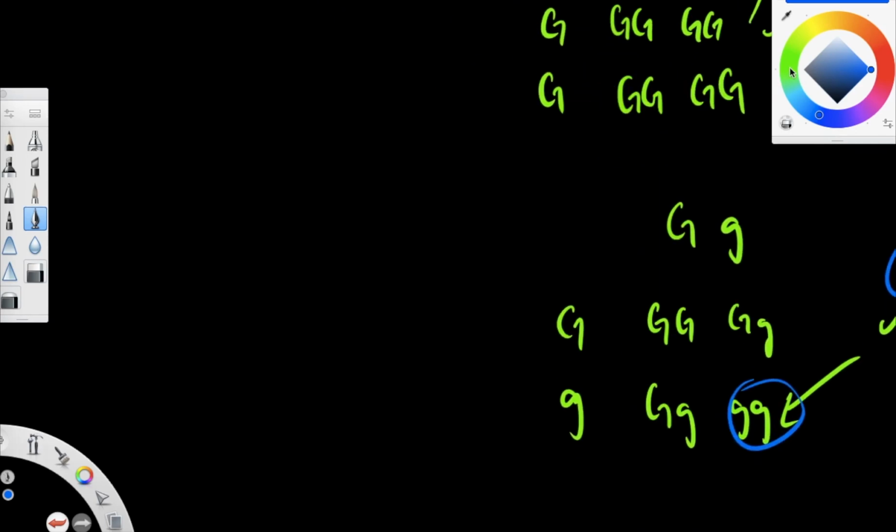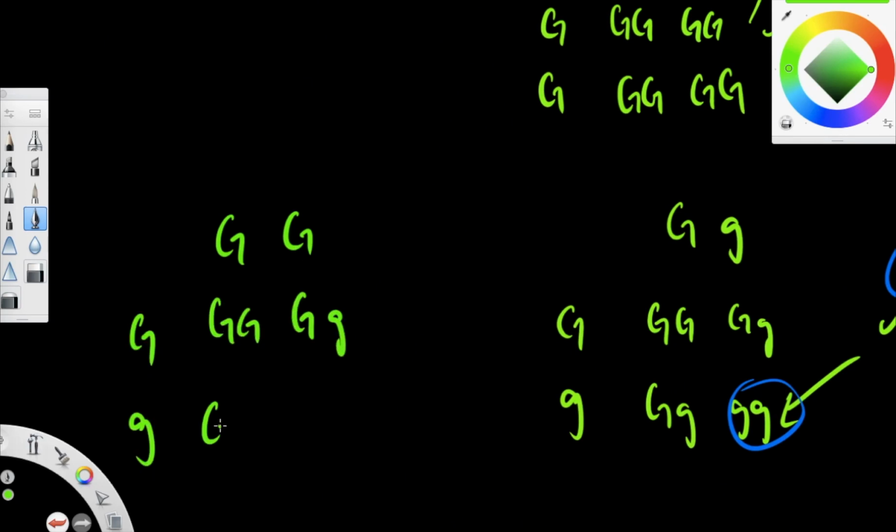So let's draw that out: capital G, capital G and capital G, lowercase g. If we write out the Punnett square outcomes, we can see that all of the offsprings will have green eye color because there's a dominant capital G allele present. Therefore, it's impossible to create offsprings with blue eye color.